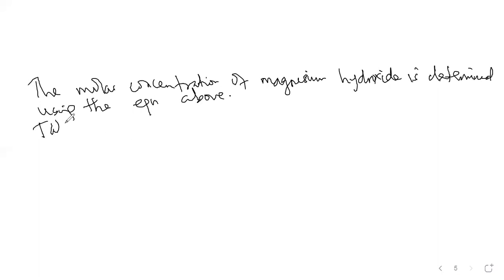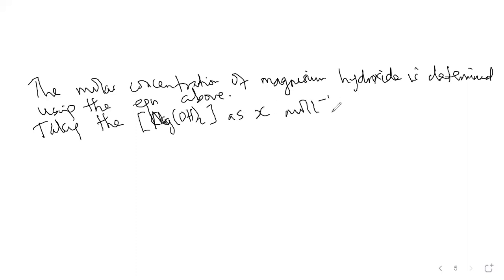So taking the molar concentration of magnesium hydroxide as x moles per liter, what shall we have? Let's now see how we treat the results. We have magnesium hydroxide.